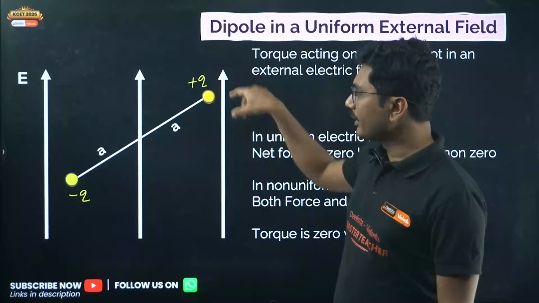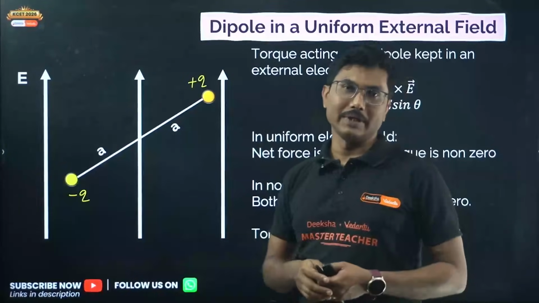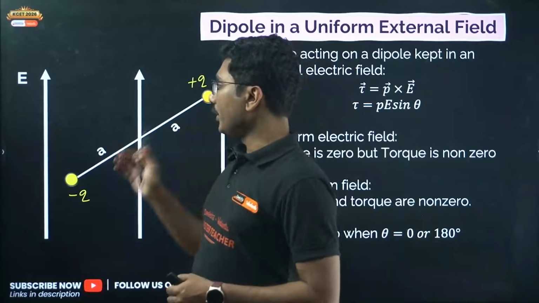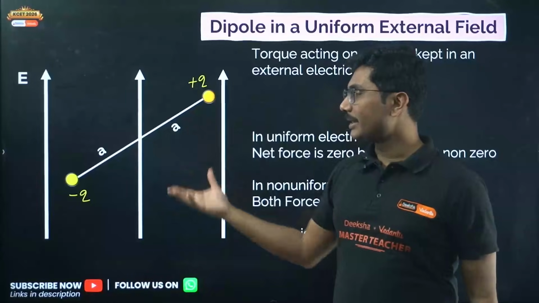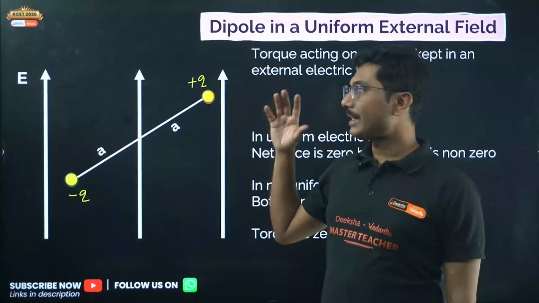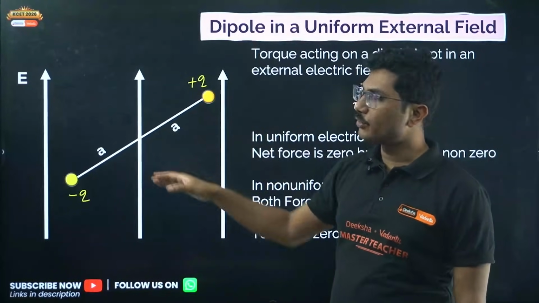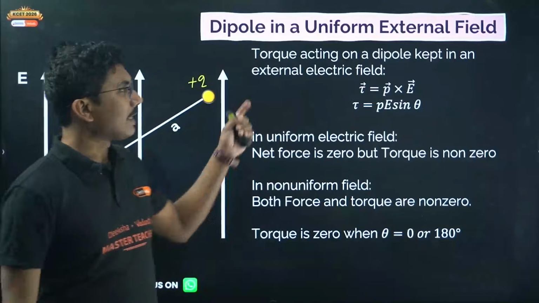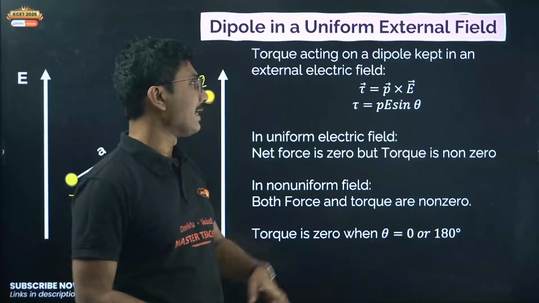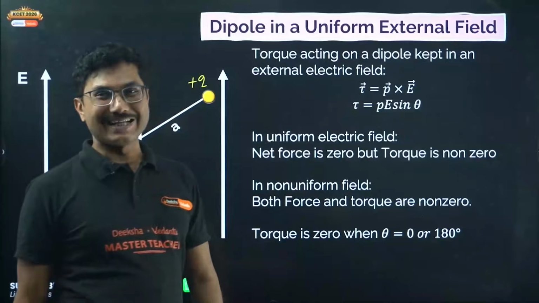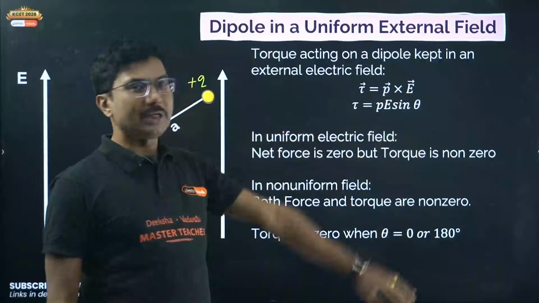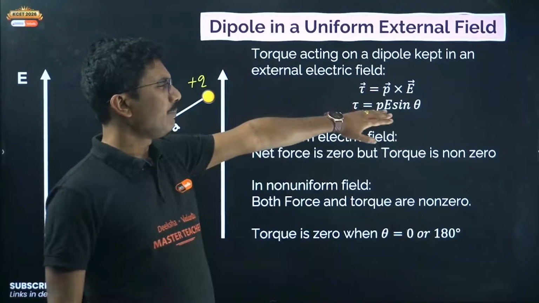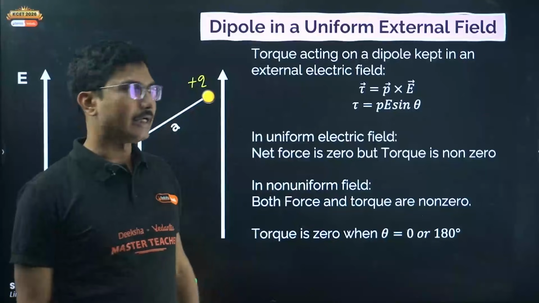So basically it will try to rotate in that electric field. When you keep a dipole in an external electric field, there will be a torque acting on it and it will try to rotate. That torque can be calculated as pE sin theta. In vector form, p cross E, but mostly pE sin theta is the formula that you need to remember.